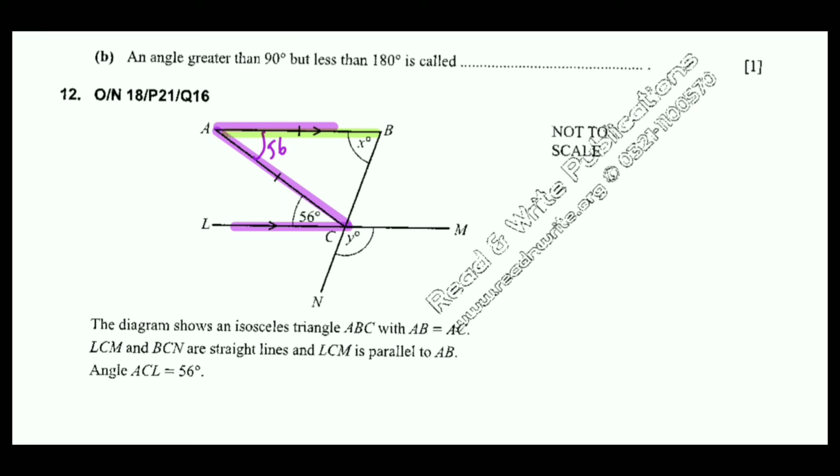So this is an isosceles triangle. It means if B is x, this angle will also be x.